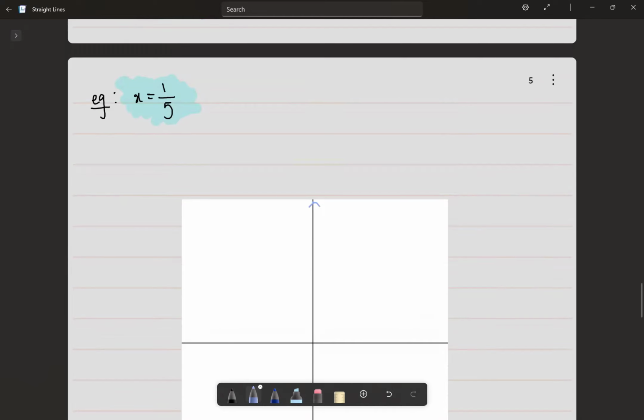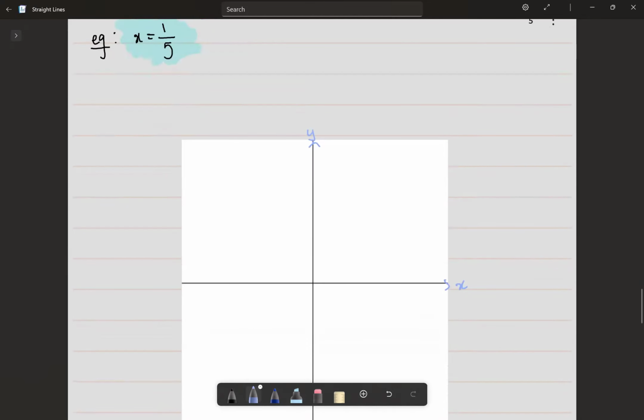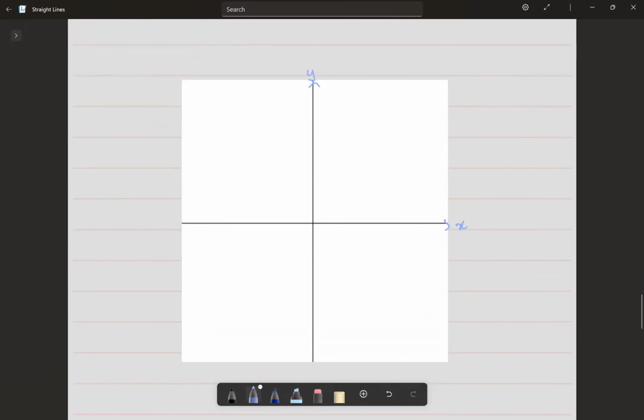So if this is our y-axis and this is our x-axis, then somewhere here we have 1 by 5. 1 by 5 is a positive number, so it should be on the right side of 0. Now we know that for all points on the line, we will have 1 by 5 as the x coordinate.